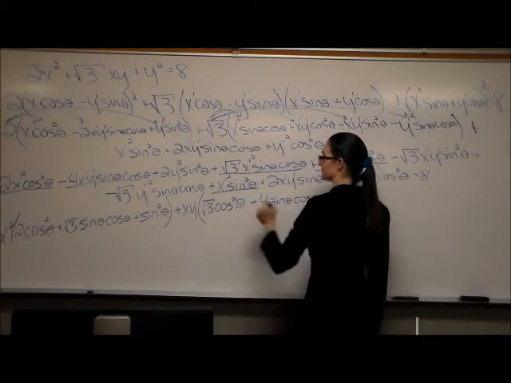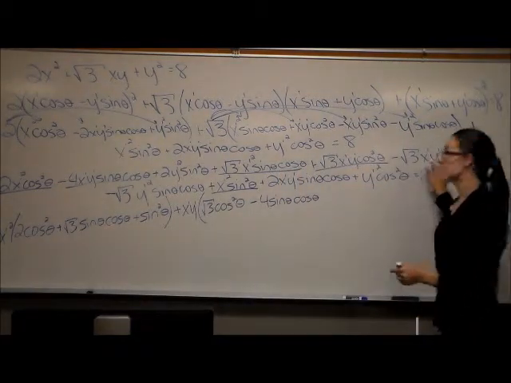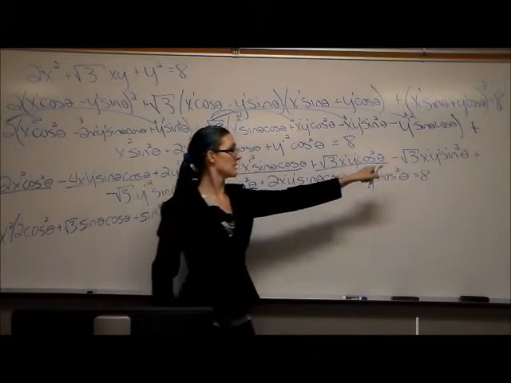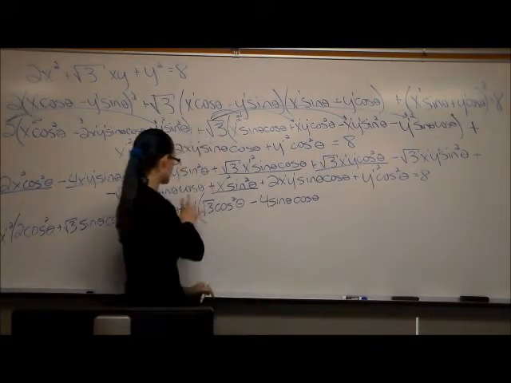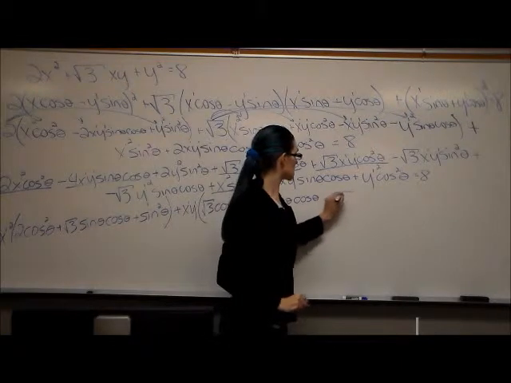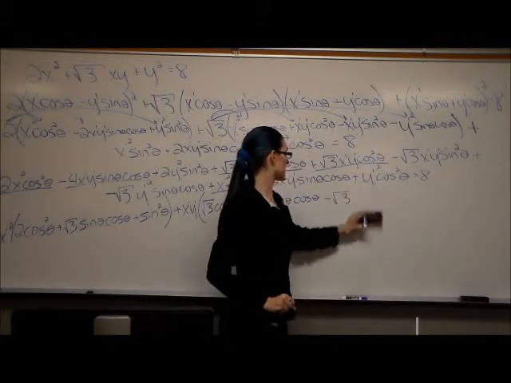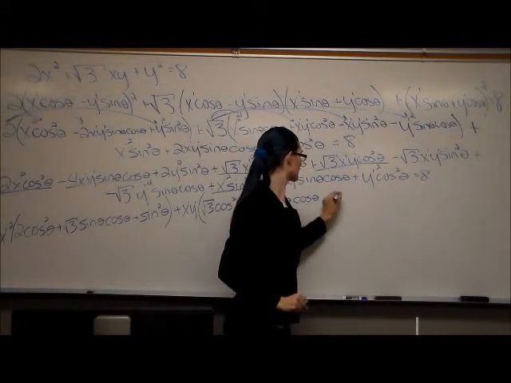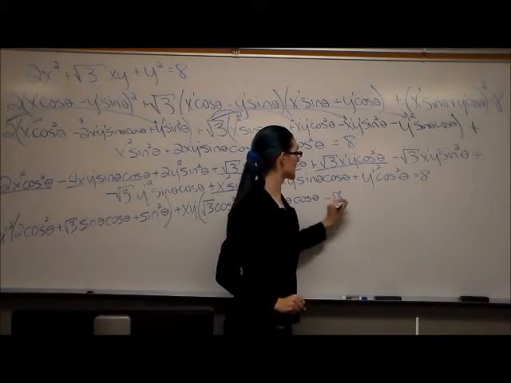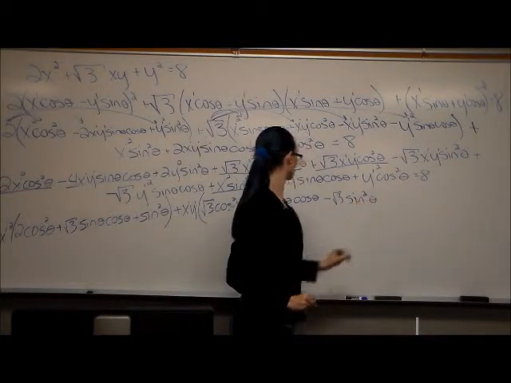Okay. And then we're looking for anything else with x prime y prime, which we have this last term over here. Take the x prime y prime out because it's already written. We have minus square root of 3 sine squared of theta.